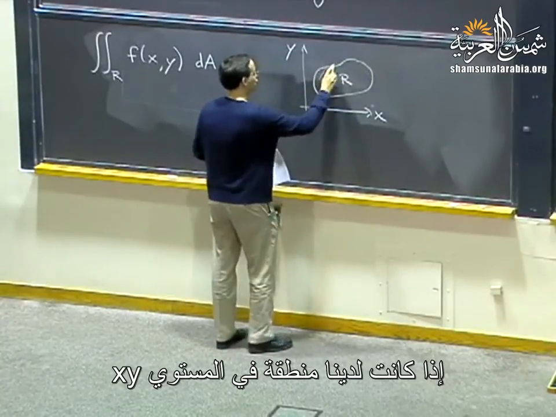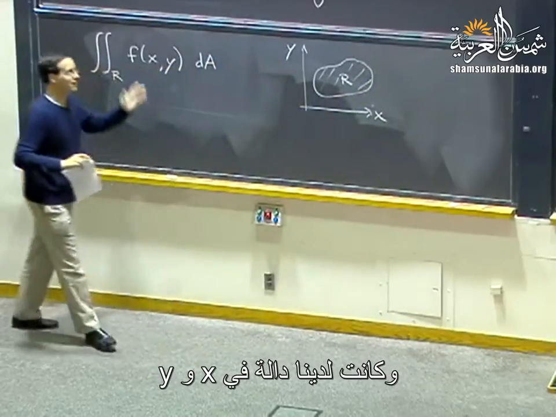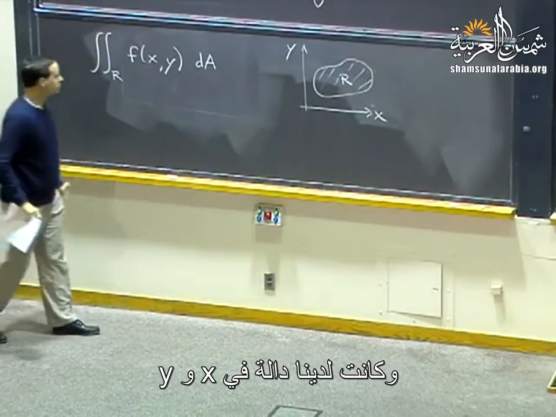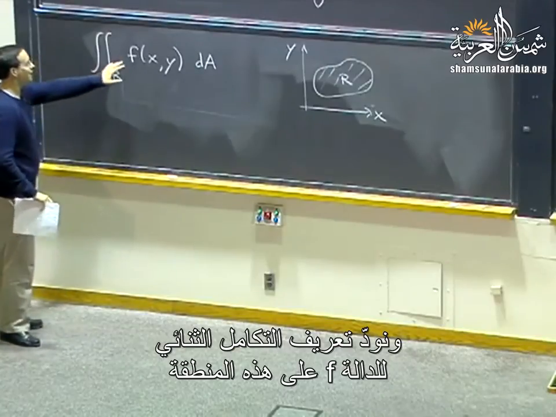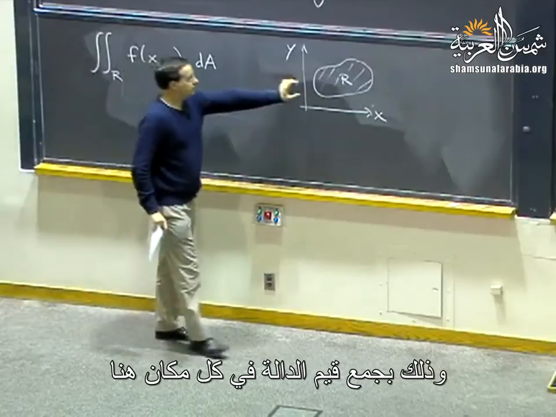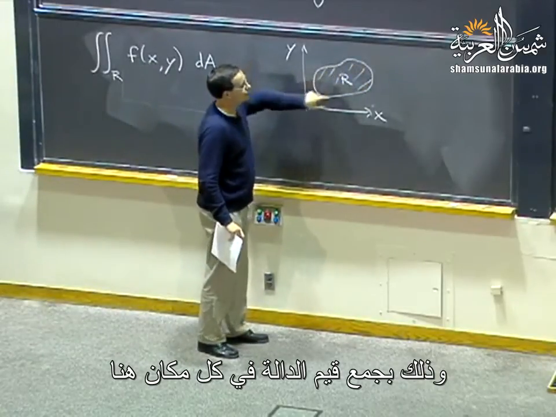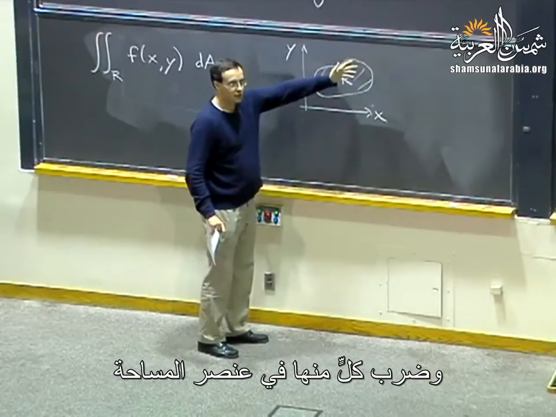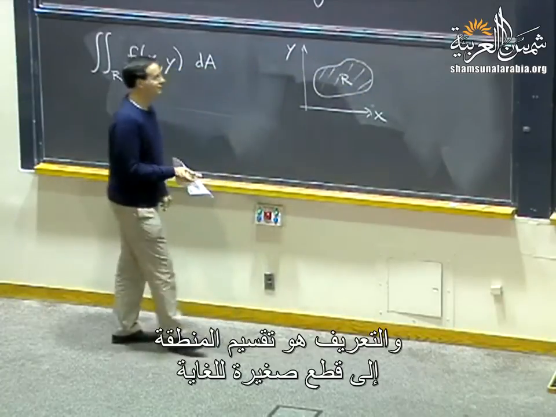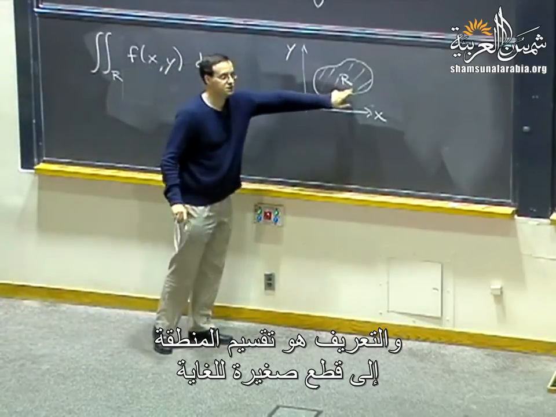Okay, so when we have a region in the xy plane, and we have a function of x and y, we are defining the double integral of f over this region by taking basically the sum of the values of a function everywhere in here times the area element. And the definition actually is we split the region into lots of tiny little pieces.